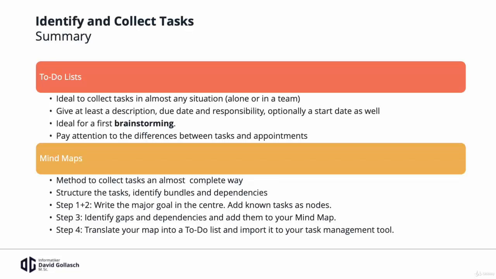Then afterwards, you identify the gaps, the missing tasks that you didn't consider in the first place, and you add the dependencies between the existing tasks to create bundles. You add everything into your mind map, and this might grow while you are creating your mind map.